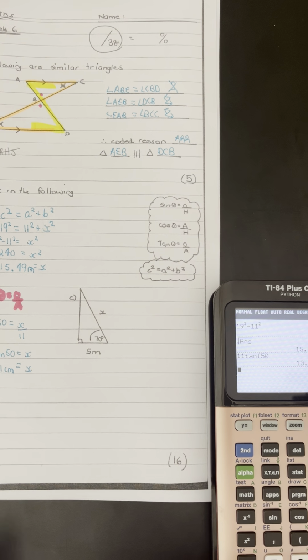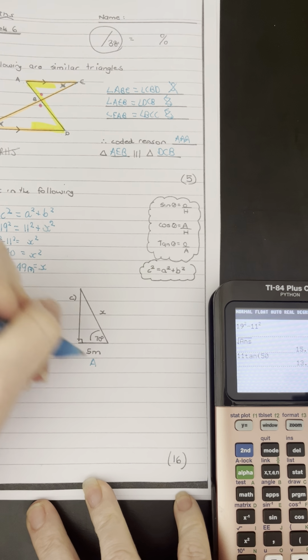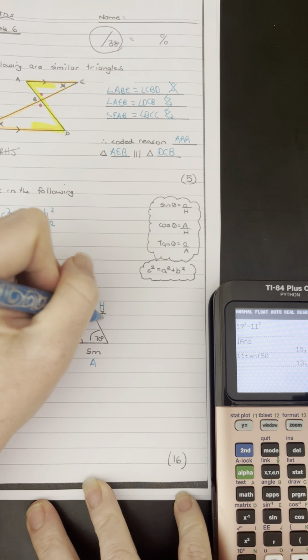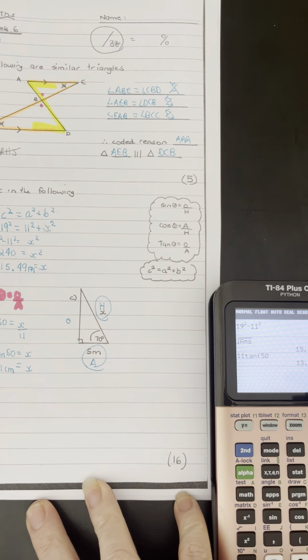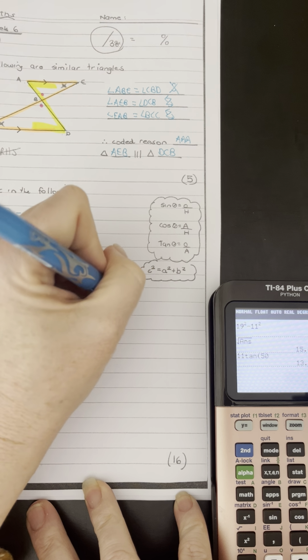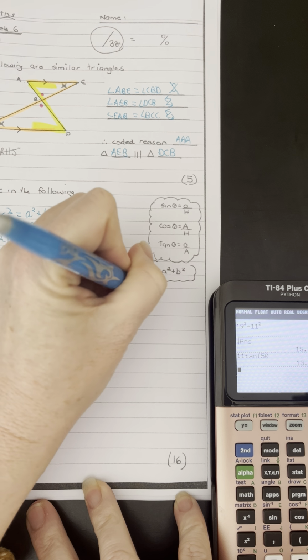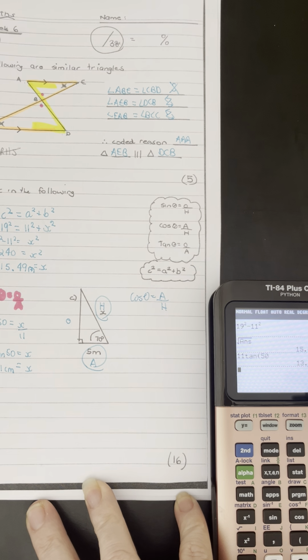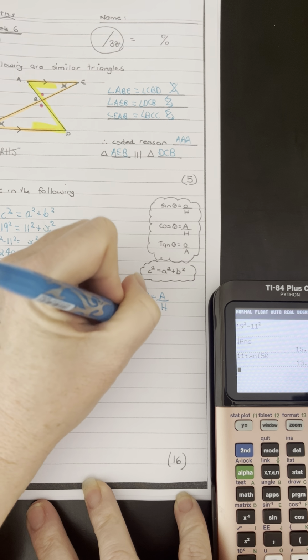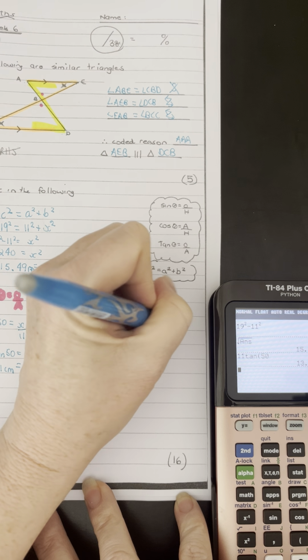For part C, I'm going to go through that same process. So label, ratio, work out my answer. Labeling this one, I've got my A, O, H. So I have got a number or a letter with our A and our H. So that means I'm going to use cos theta equals adjacent over hypotenuse. I've got cos of 70 is going to equal 5 over x.